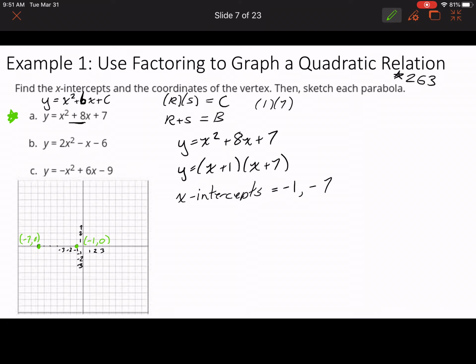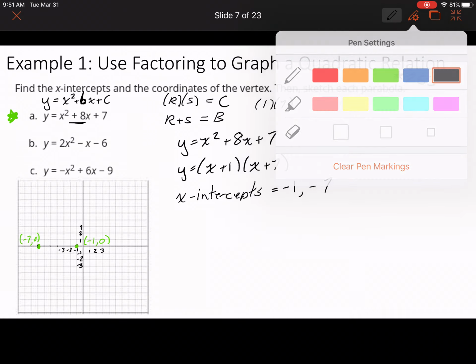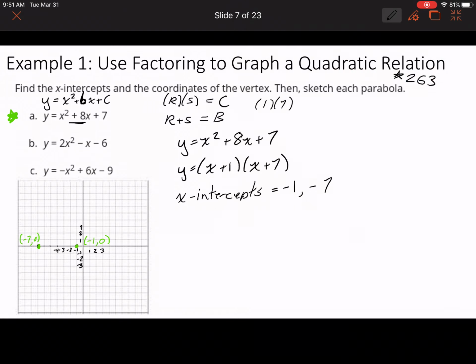Again, find what's in the middle. Our axis of symmetry is always in the middle. That's the definition of an axis of symmetry. So if I've got -7 and -1, 1, 2, 3, 4, 5, 6, there's 6 in the middle. 1, 2, 3.